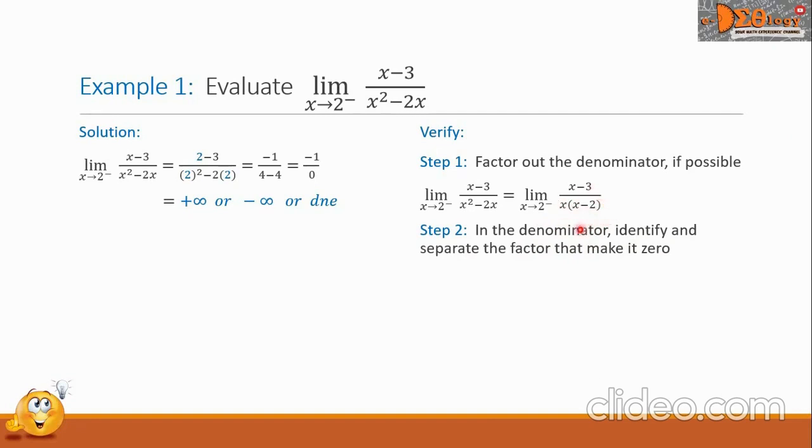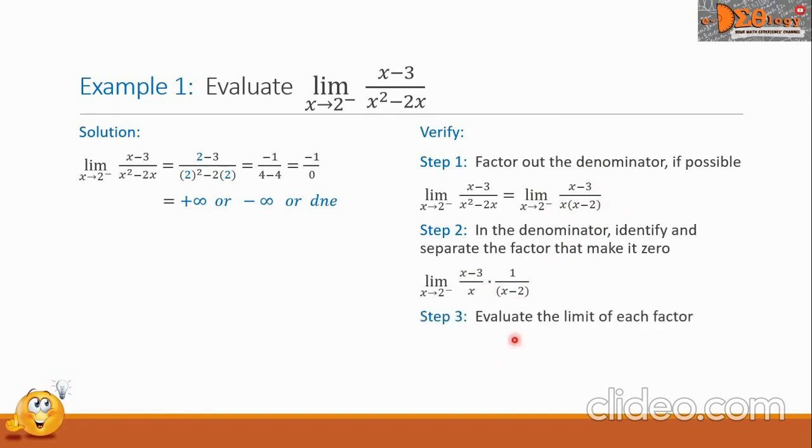So that factor we need to separate. We're going to split now our function here into two. The first factor is the x minus 3 over x times 1 all over x minus 2.